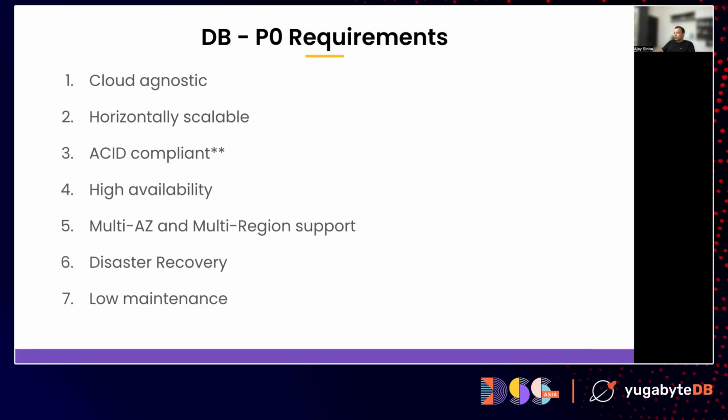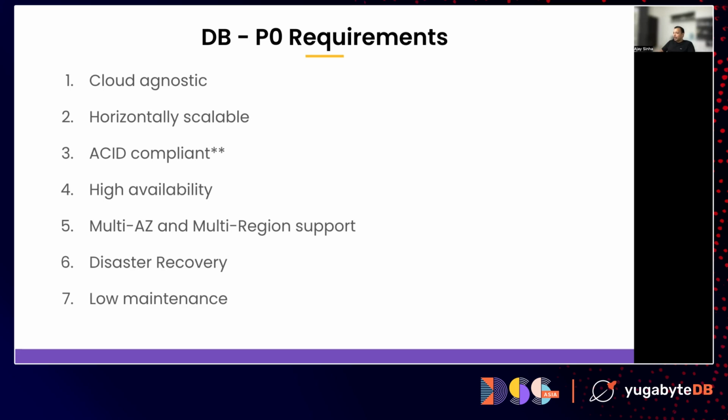We are looking for something which can scale horizontally. We can't have a single node solution and just keep doing vertical scale. That model wouldn't fit the scale at which we operate. ACID compliance was not relevant for the feature store use case, but we are also evaluating a lot of transaction use cases, and for that purpose we are looking for something which is ACID compliant.